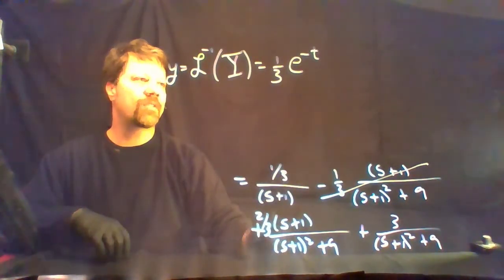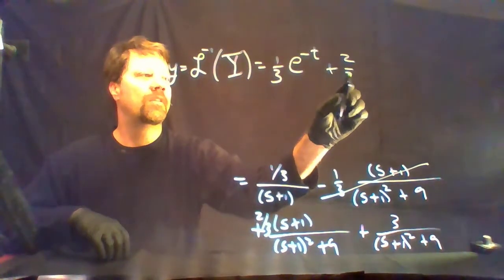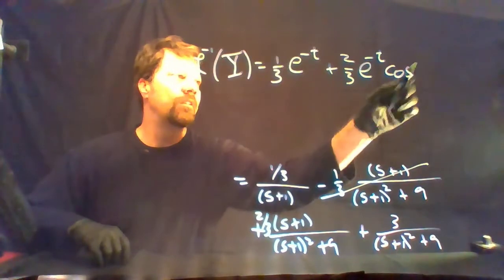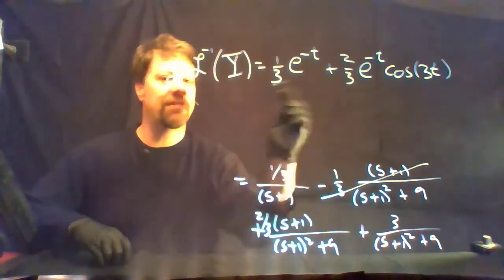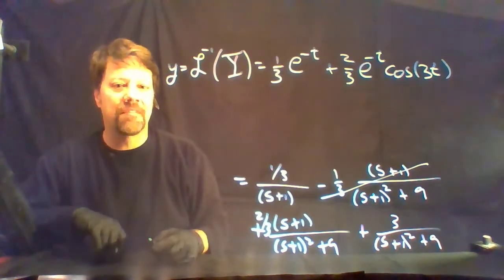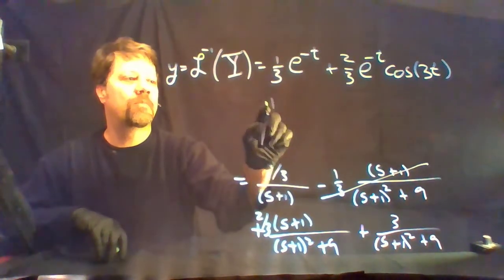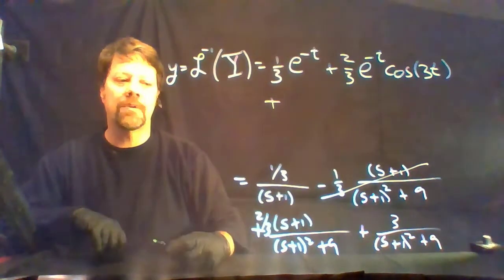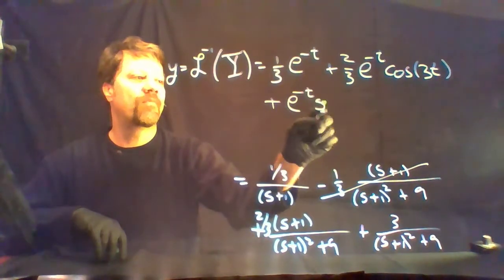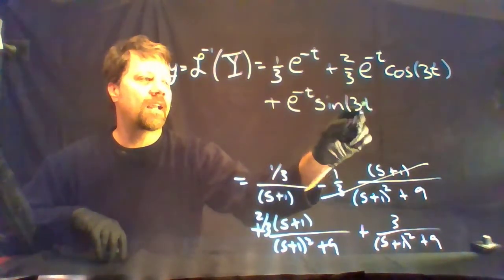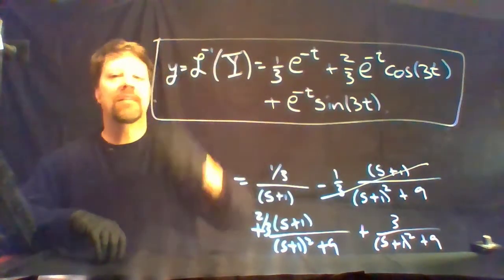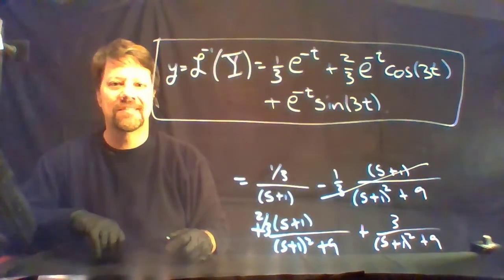This term gives us plus 2/3 e to the minus t cosine of 3t. Perhaps you can see why I wanted you to memorize some of these formulas. Plus the inverse Laplace transform of the last term. That's just e to the minus t sine of 3t, giving us the solution to the initial value problem.